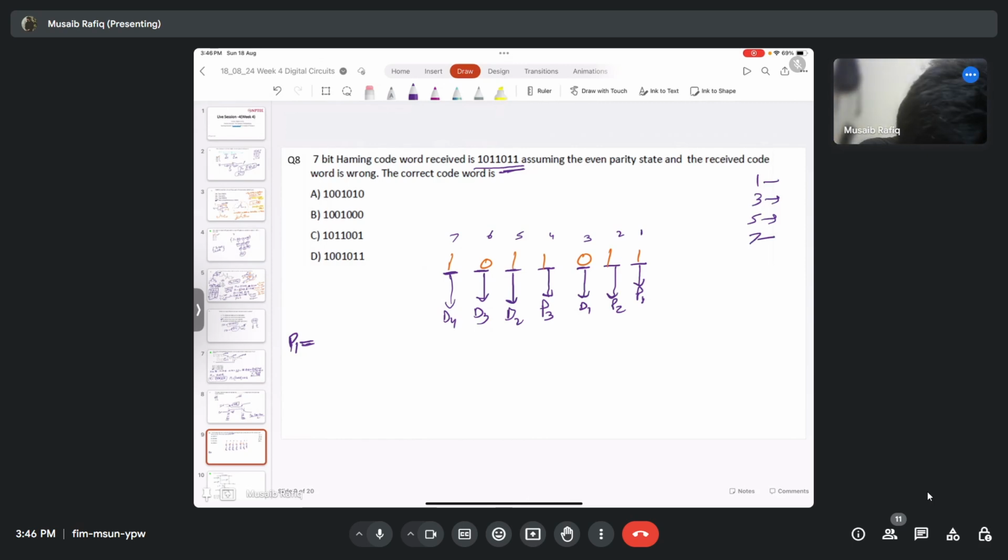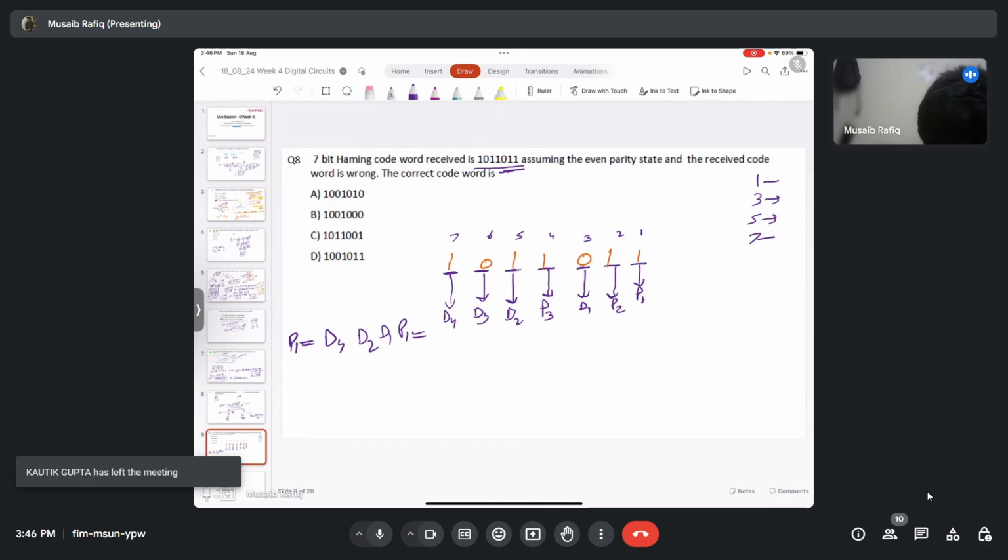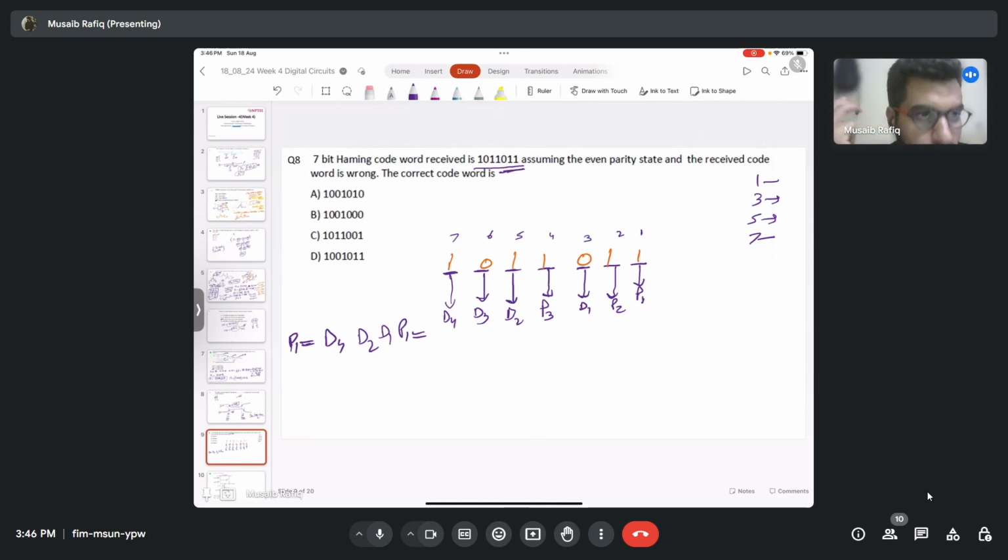So at 7 I have D4, at 5 I have D2, at 3 I have D1, and at position 1 I have P1. We need to check whether it follows even parity or not. D4 is 1, D2 is 1, D1 is 0, and P1 is 1. So the total number of ones is 3. It's odd, but it should have been even. So we'll mark 1 as incorrect.